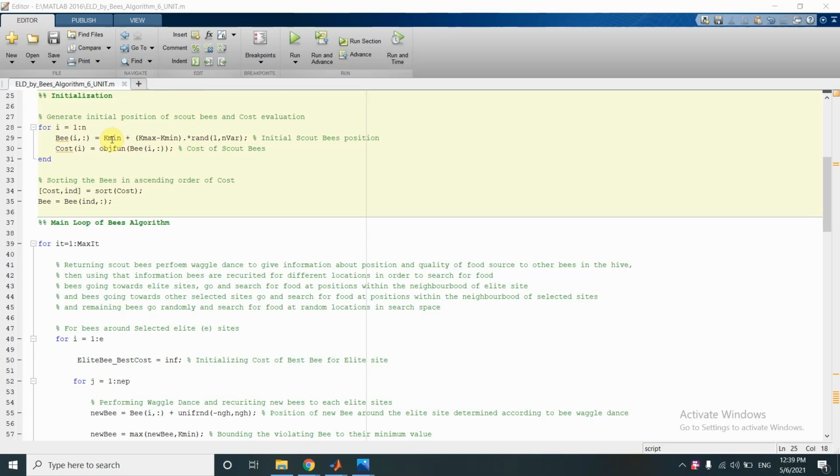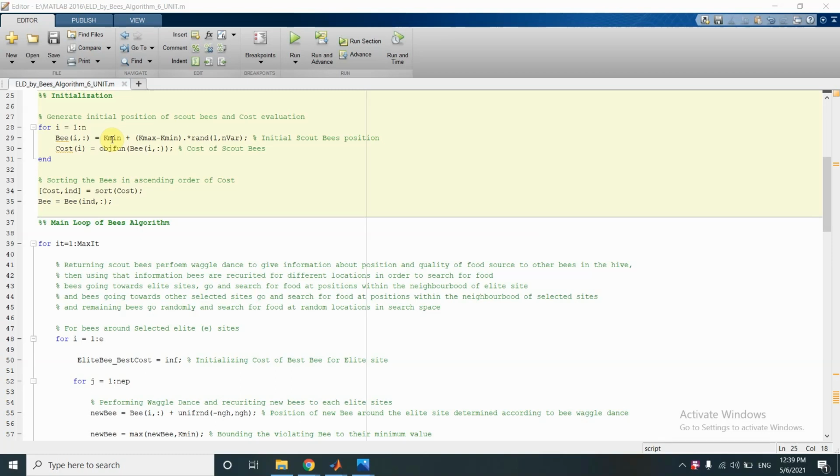This is how we generate a random position of a bee. The same thing is done for all the scout bees, and once we generate the position, we go for the cost evaluation.